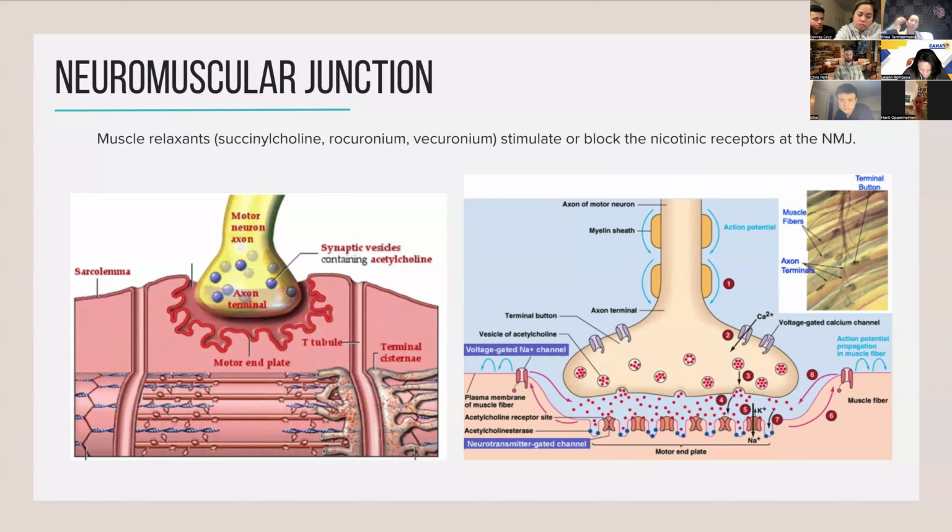Acetylcholine binds, unbinds, gets broken down by the acetylcholinesterase right away, and it's done. Because there's nothing to break down succinylcholine, it just sits there and keeps the channel open, and it has no way to reset. And so it just causes this flaccid paralysis. It's a different type of paralysis. We call it depolarizing because you'll see patients shake after they get the succinylcholine, and then they stop shaking, and then they can't move at all.